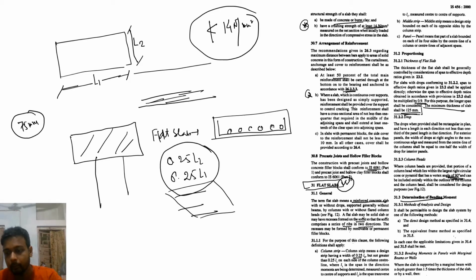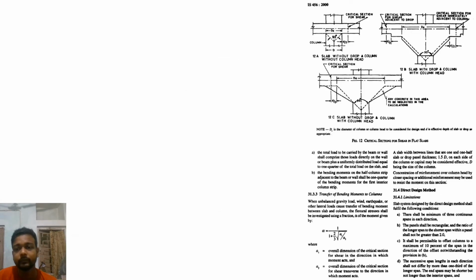Bending moments in panel and marginal beams. Where the slab is supported by a marginal beam with a depth greater than 1.5 times the thickness of the slab, or by a wall, okay, this is your vertex angle 90 degree.